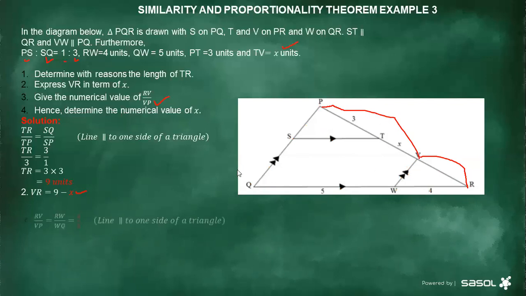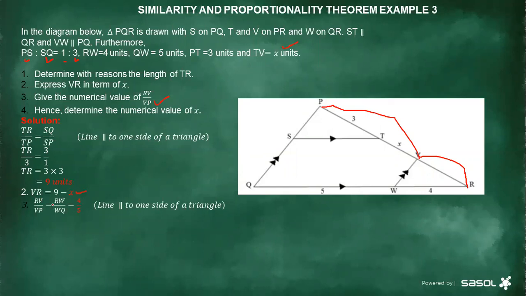Now let's see how we do that. First, we're going to say VR over VP equals to what? Equals to RW. The way we have, remember we said VR divided by PV. Then we're going to say RW divided by WQ, right? Therefore, it's going to be 4:5.